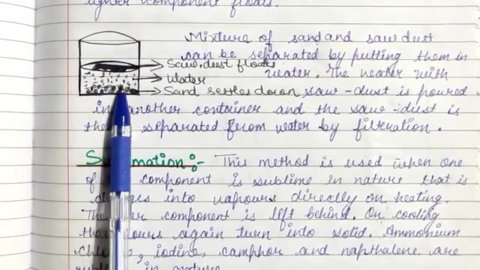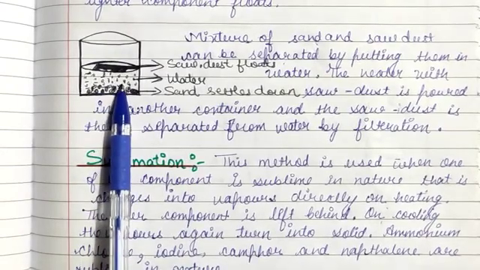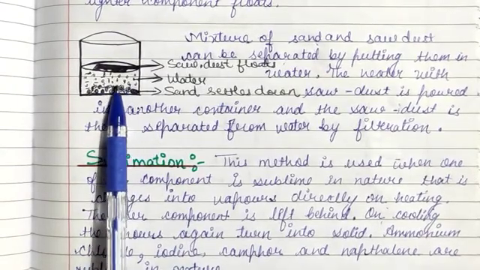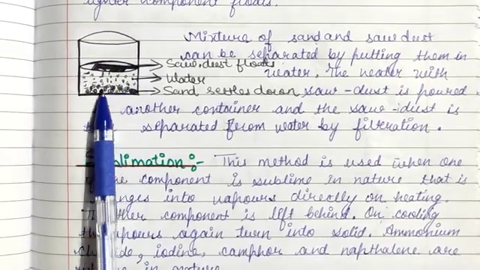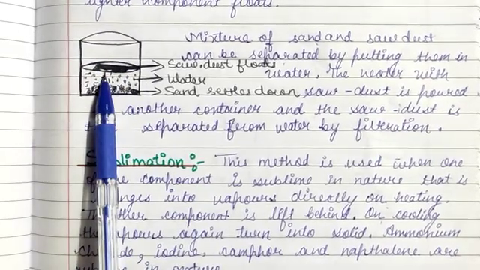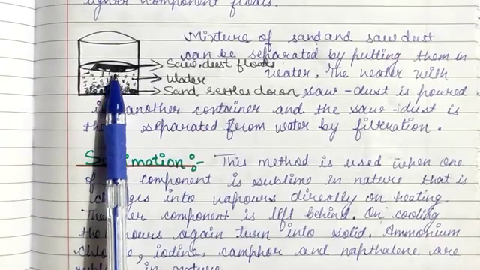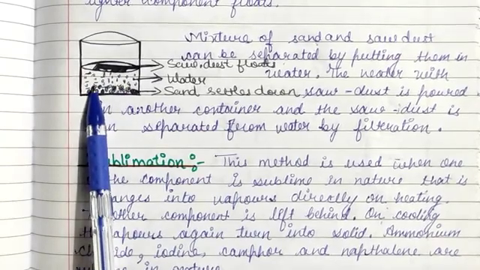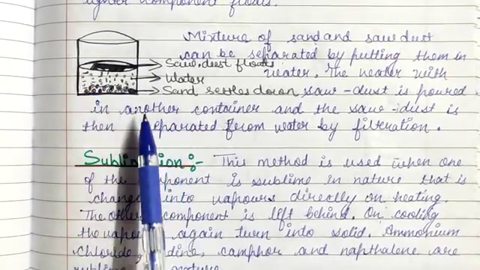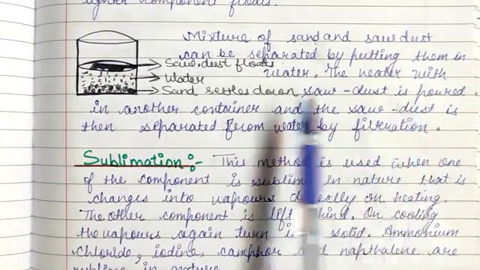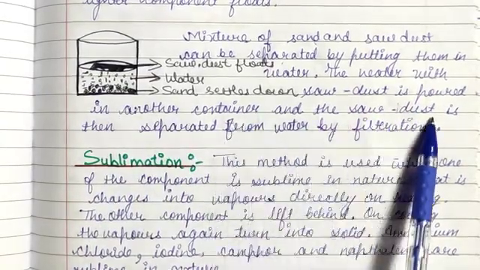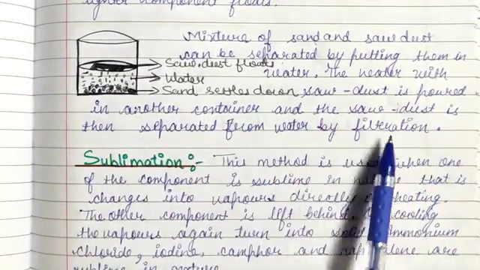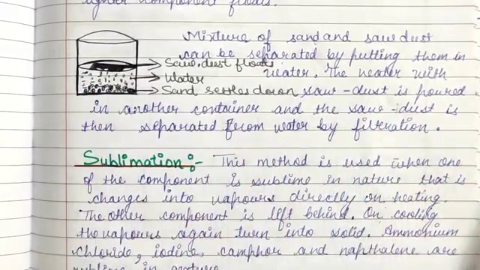After mixing the sawdust in the water, the sand particles will settle down. So a mixture of sand and sawdust can be separated by putting them in water. Then the water with sawdust is poured into another container, and the sawdust is then separated from water by filtration. So this is the gravitational method.